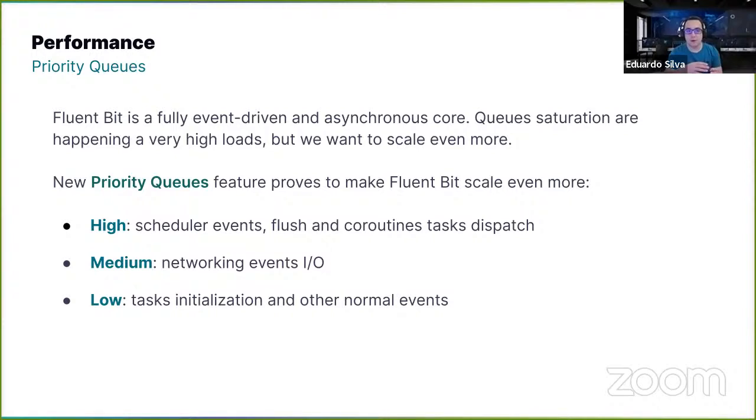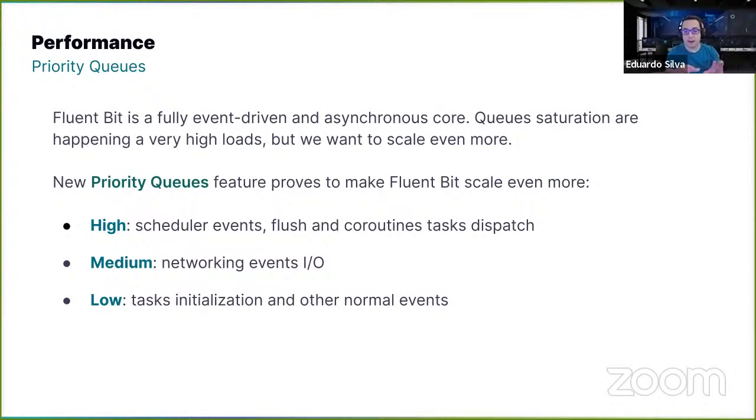Some events were losing priority. For example, you wanted to have more priority for scheduler events than task initialization, and not having an order for that added a lot of latency, a lot of congestion in the system. Now Fluent Bit supports output threads, so threading on the output side.